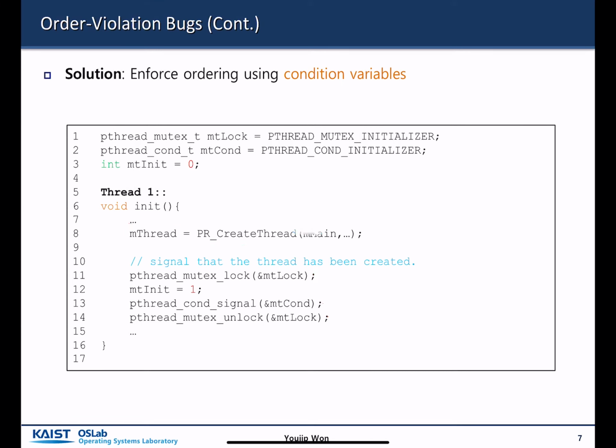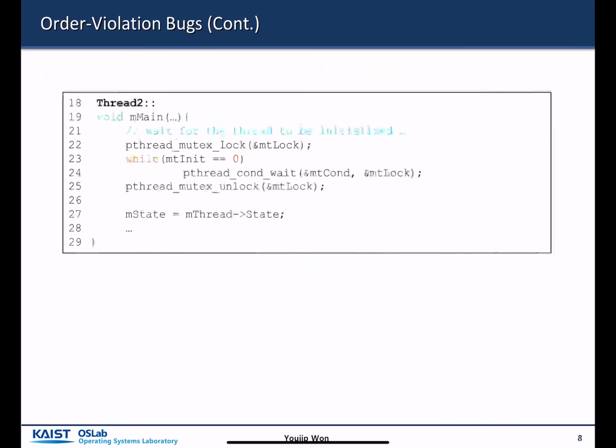On the other hand, for thread 2, we acquire the lock and check whether the condition holds or not. If it's not held, then we have to wait. Once it gets out of the loop, it unlocks and assigns the state.